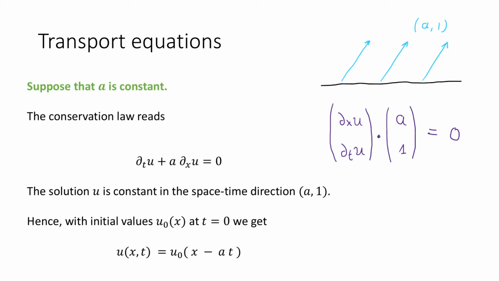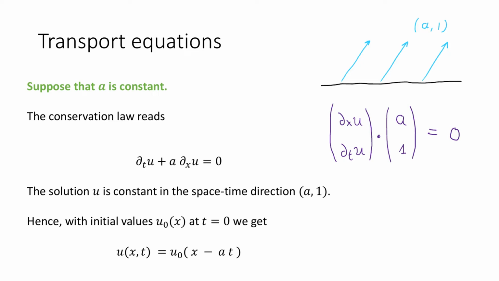And what this partial differential equation tells us is that the Jacobian multiplied with a constant vector (a, 1), a in the x component and 1 in the t component, that this dot product equals 0. The partial derivative of the function u in x and t in space-time direction (a, 1) equals 0. Now, of course, it just means that the function must be constant along that space-time direction.